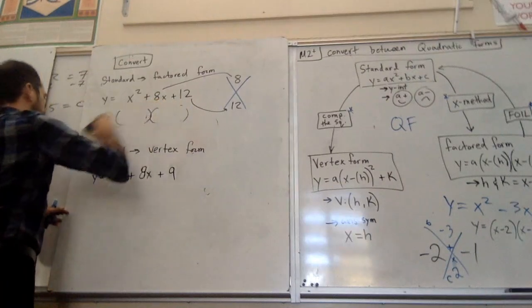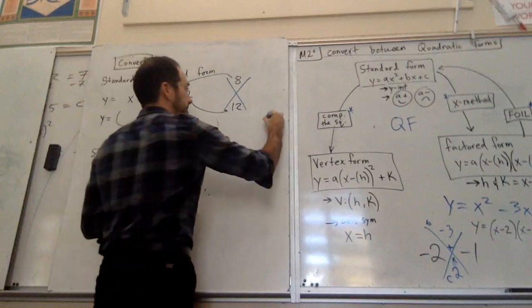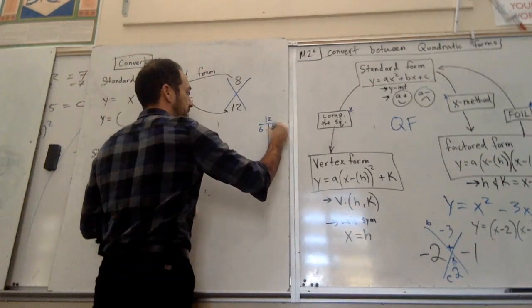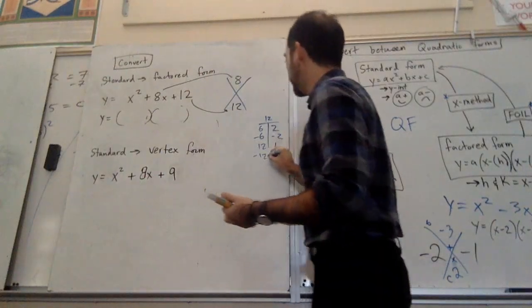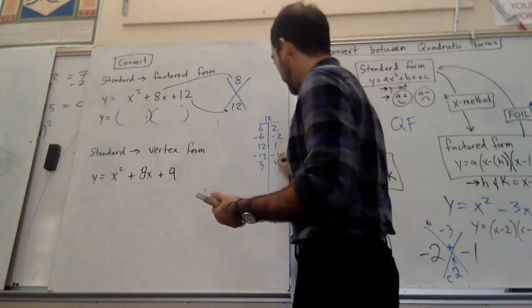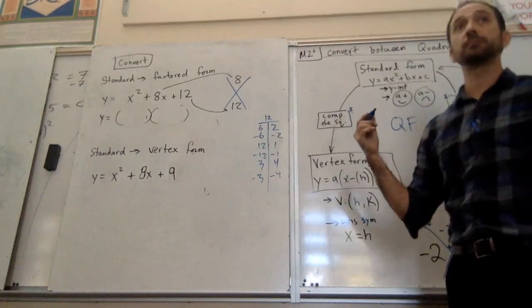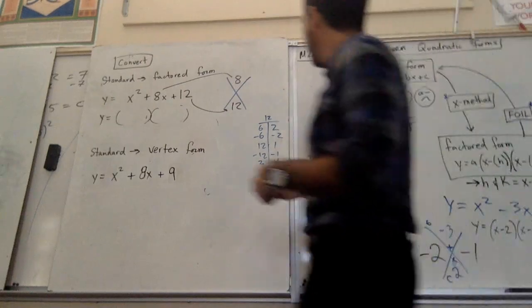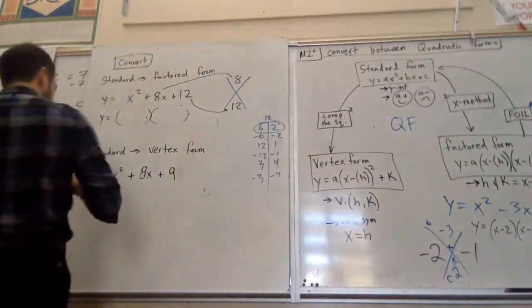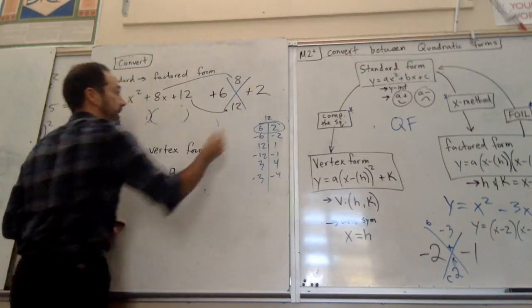And let's see. What multiplies to give me 12? 6, 2, negative 6, negative 2, 12, 1, negative 12, negative 1, 3, 4, negative 3, negative 4. That's it, right? Which one of those adds to give us 8? Positive 6 and positive 2 give us that.